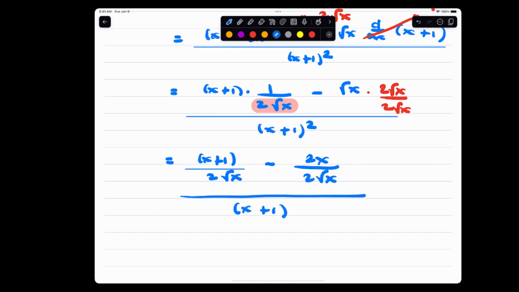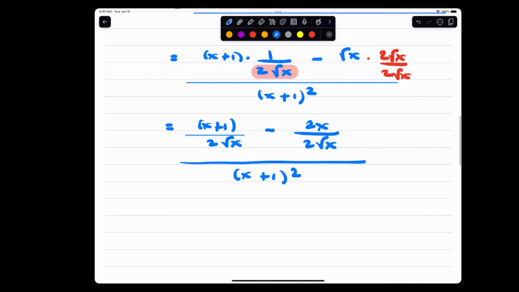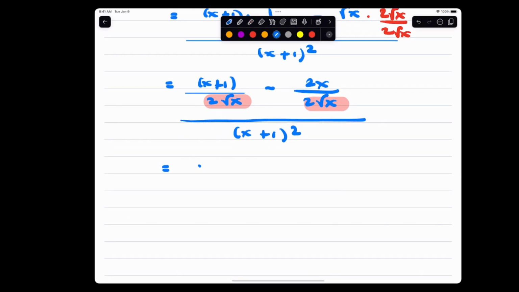This is over x plus 1 squared. Now I have the same denominator, so aren't I just subtracting fractions? We okay with this algebra here?